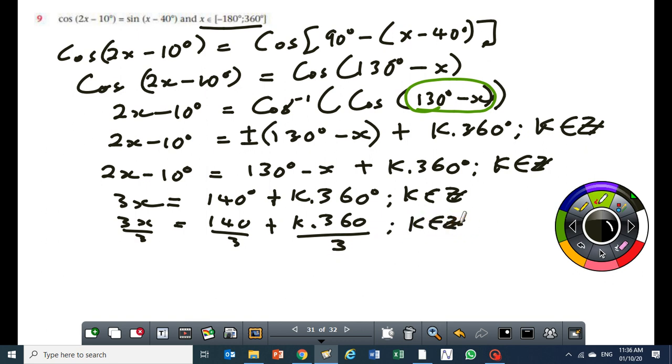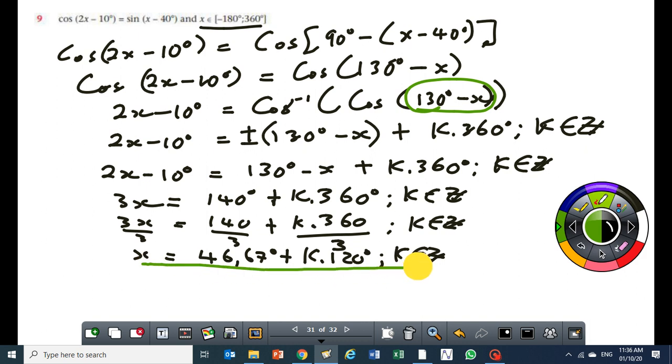Okay, so this becomes x equal to 46.67 degrees plus k times 120 degrees, where k is an element of Z. So this becomes your first general solution of the two.